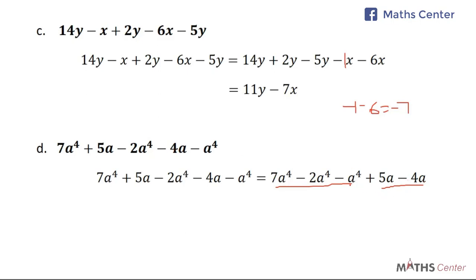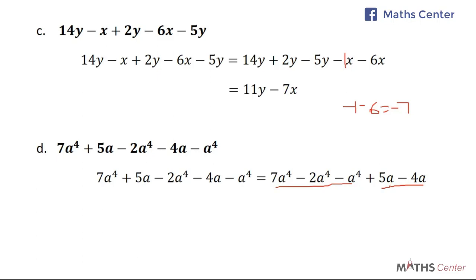Remember that a raised to the power 4 and a are not like terms. In the first video, we said that for two terms to be considered as like terms, they must have the same letter, 1. 2, they must have the same power. Now we can see from here that even though they have the same letter a, this a here is a raised to the power 4, and this a, the a attached to the 5, is a raised to the power 1.